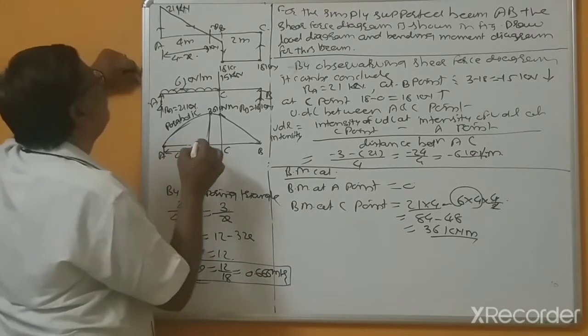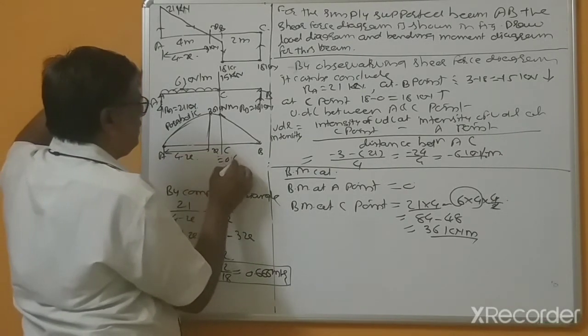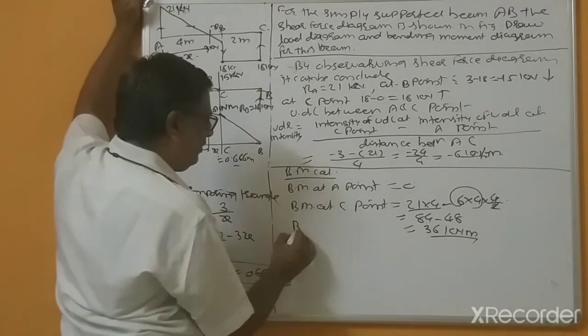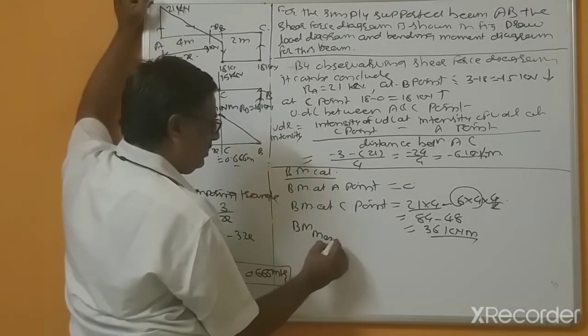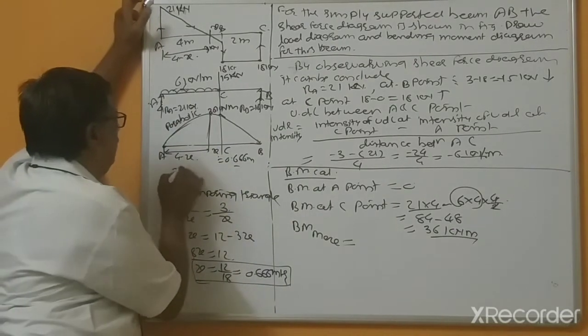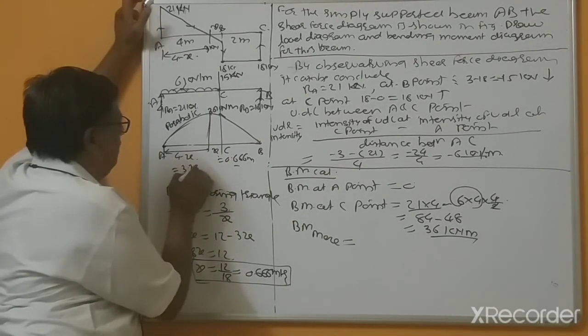This distance equal to 0.66 meter. So that's why maximum bending moment equal to, remaining distance, this is 3.333.